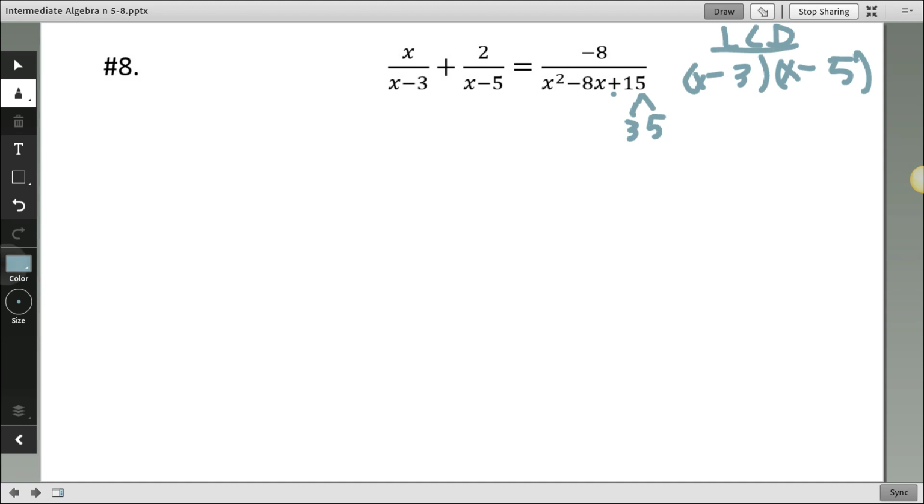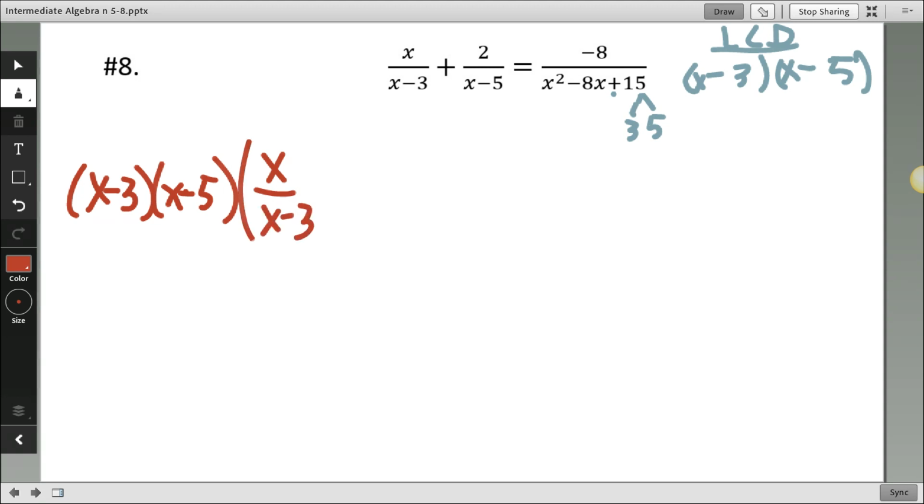So we're going to multiply our LCD times each one of our terms. So there's the first one. Plus.